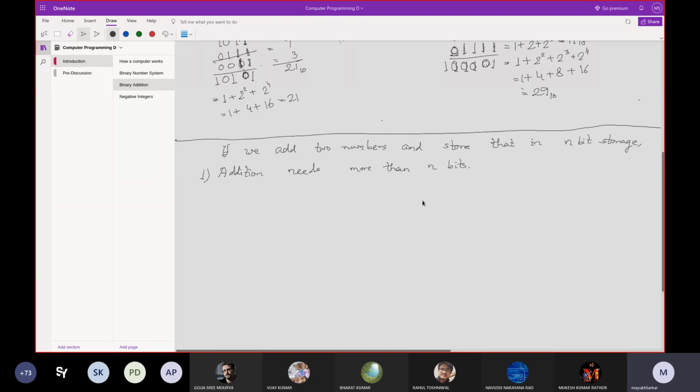In this case, simply discard or truncate all the most significant bits. Most significant bits means the leftmost bits.